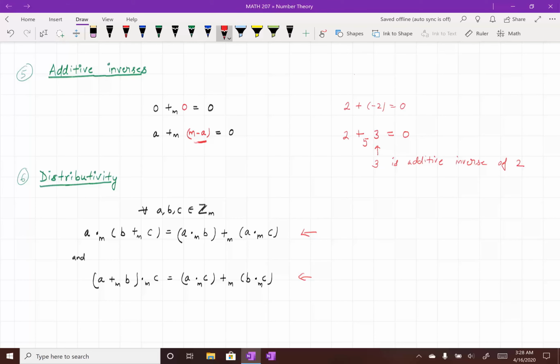Then you have this concept of arithmetic modulo m. So this was just a brief introduction of arithmetic modulo m, and in our next class we're going to learn about the last topic of this course, which is integer representations. So thank you.